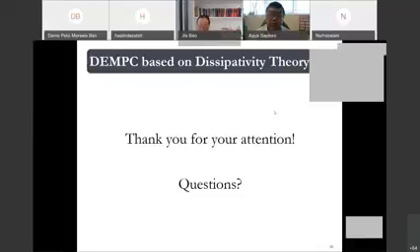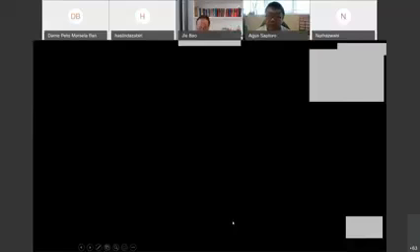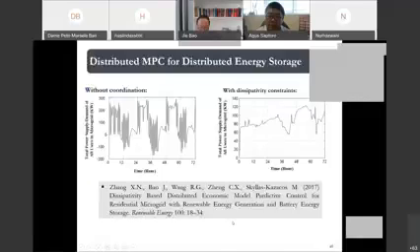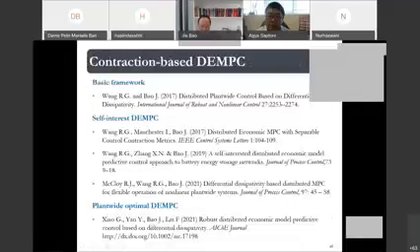Let me go back a little bit. In the beginning, we basically implement this approach for self-interest DMPC. So in all these approaches, we assume that the controller of each subsystem only optimizes its own cost function, but we guarantee plant-wide stability.